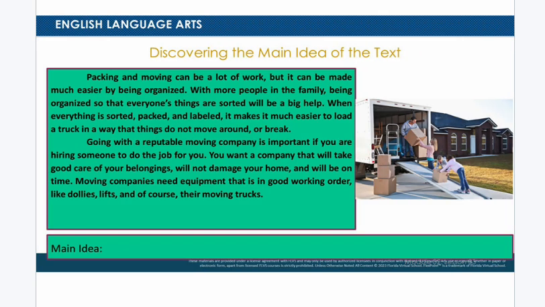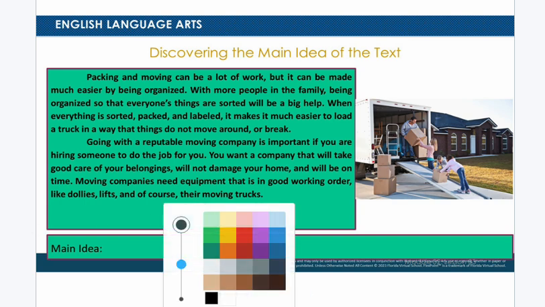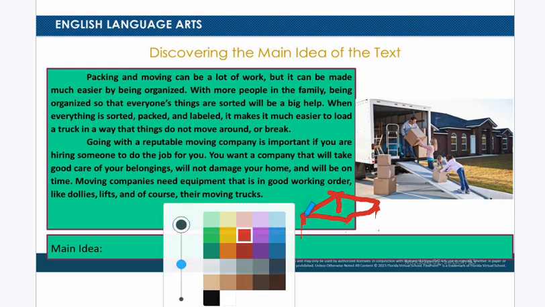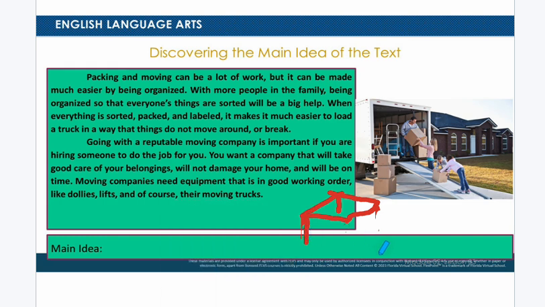So with main idea and supporting details, you want to think of main idea and supporting details as a table, okay? So a table isn't going to stand with like one leg. So if I was to erase this, my table isn't going to stand. It's going to fall over. I know it's not going to stand with two usually either.